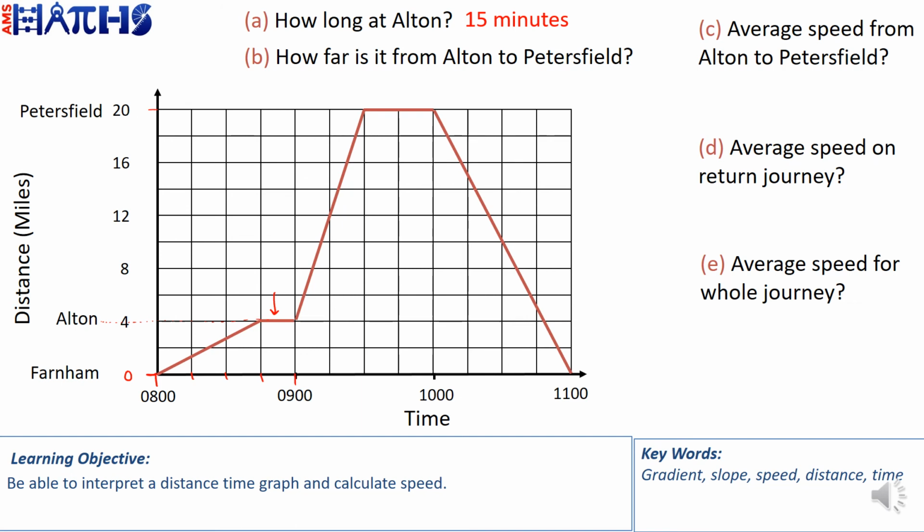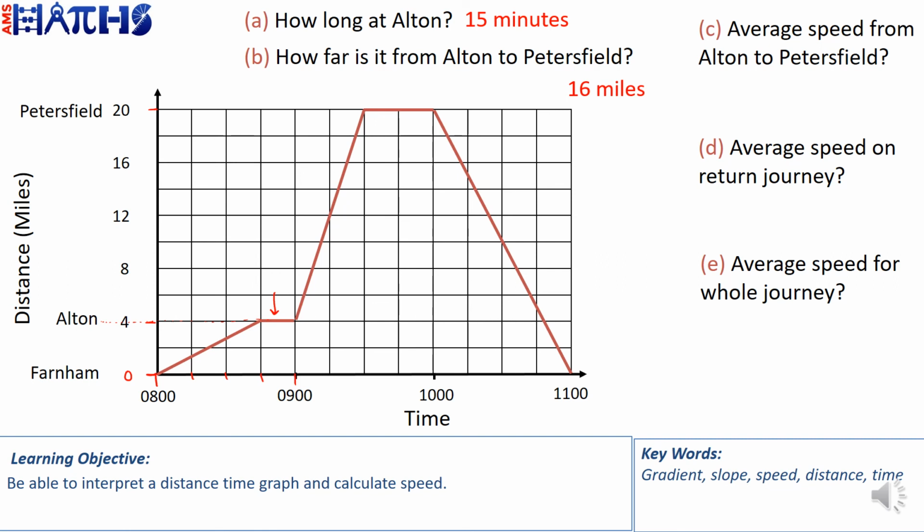Alton is at 4 miles from Farnham, and then going up to Petersfield takes us to 20 miles. So we'll subtract 4 from 20, and that would give us 16 miles.